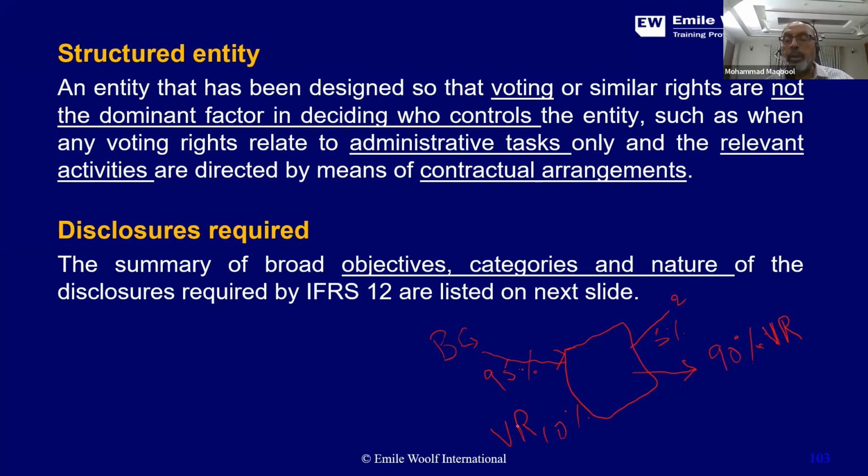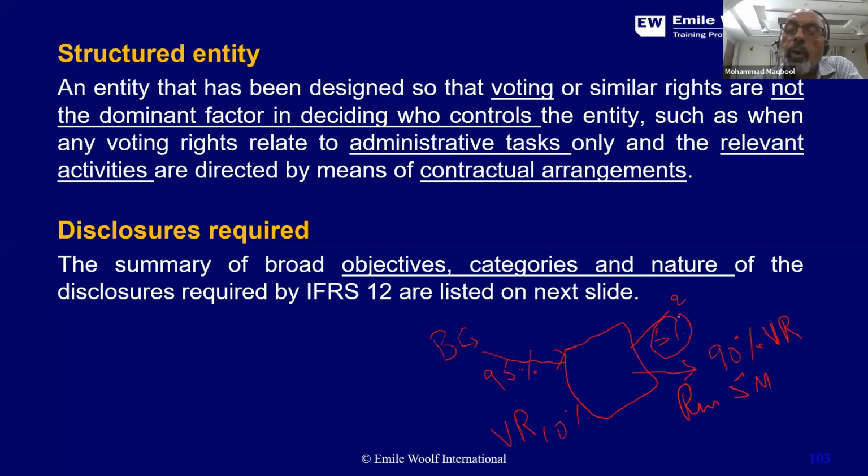Now you give me the answer. Who has the control? Any wise person can answer. Who has the control? Scientist? Two scientists? BG, variability of return. They are also giving them remuneration of 5 million each in a year and 5% return.